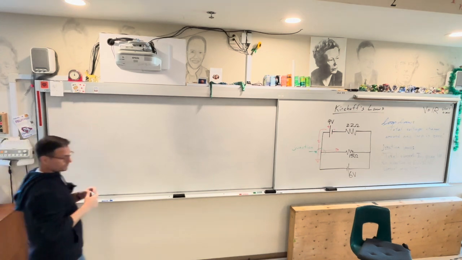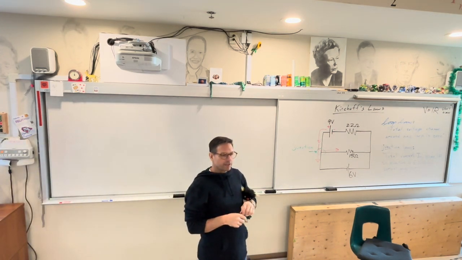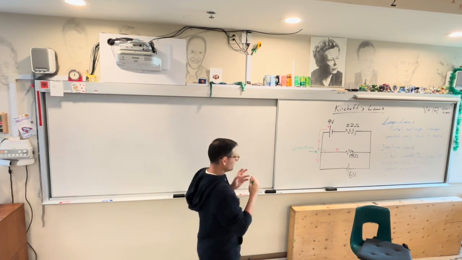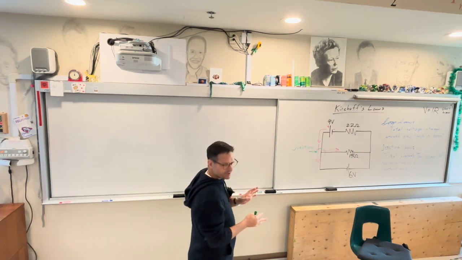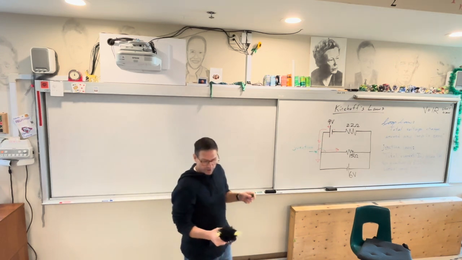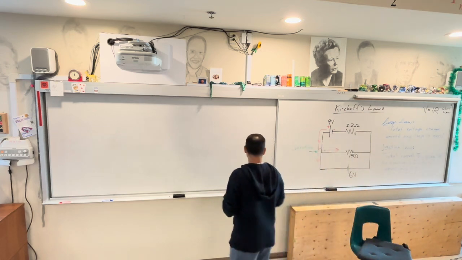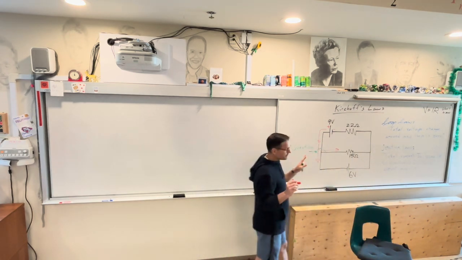Okay, so these two laws, what they do is they allow us to write some equations about the circuit. Does that make sense? Okay, so, do you want to do loop law first or junction law first? Loop law? Okay, let's do loop law. One thing before we start.